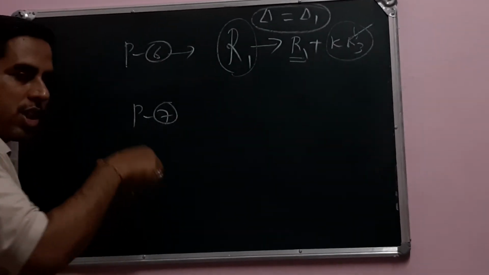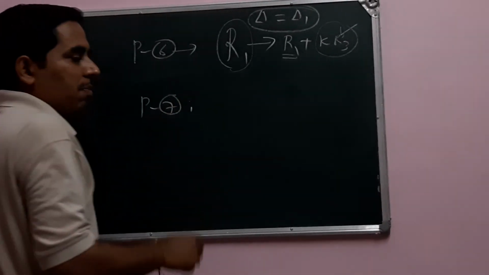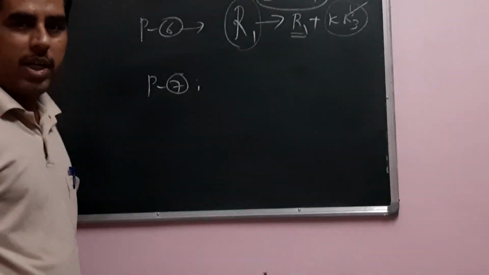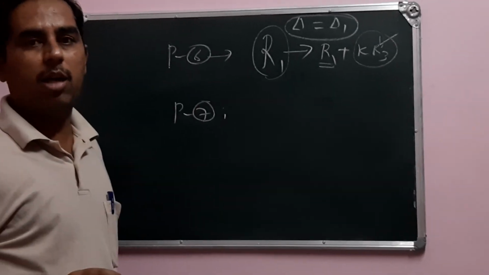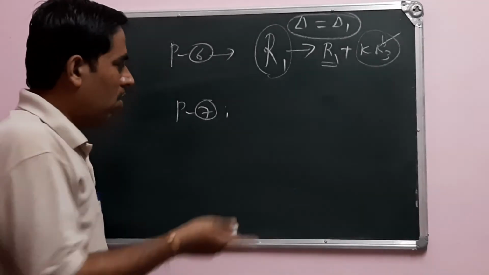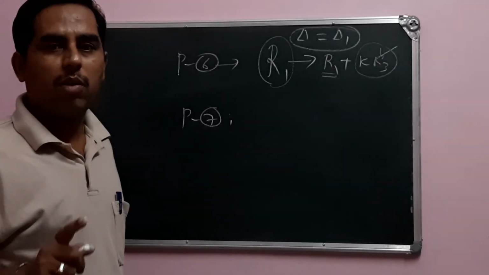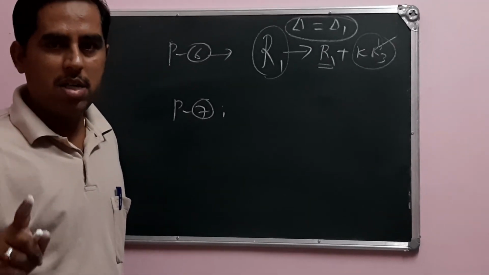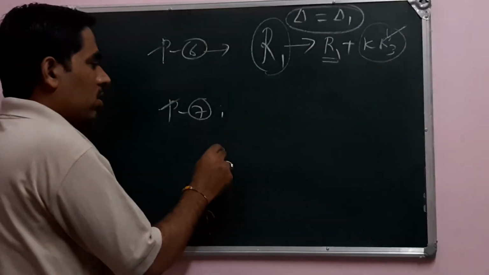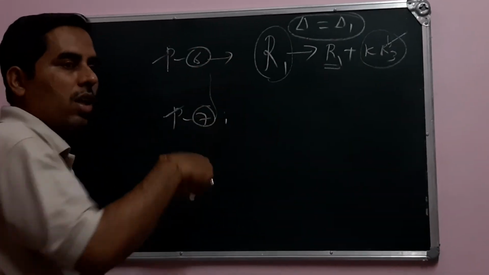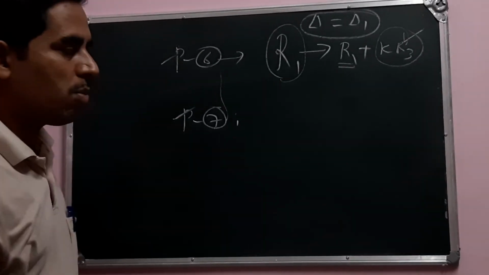Then the seventh property: if in a determinant all the elements on one side of the principal diagonal are zeros, then the value of the determinant is equal to the product of the principal diagonal elements. We have proved these two properties in this class. So there are 7 properties including today's two.